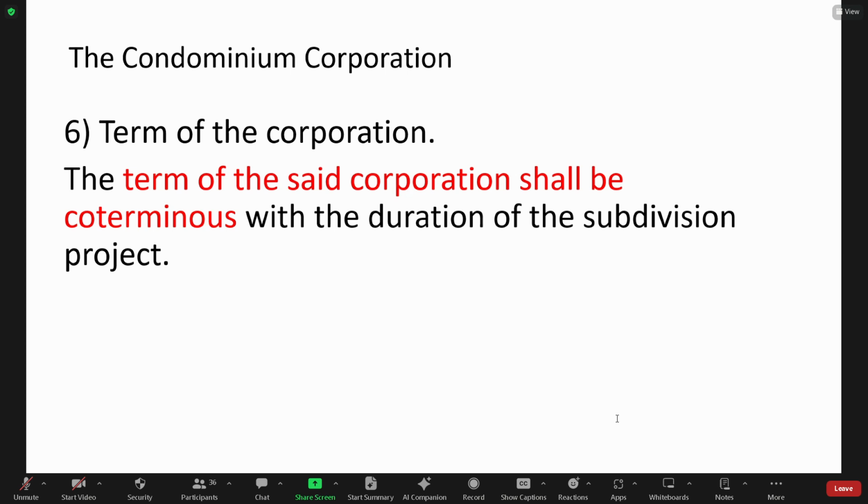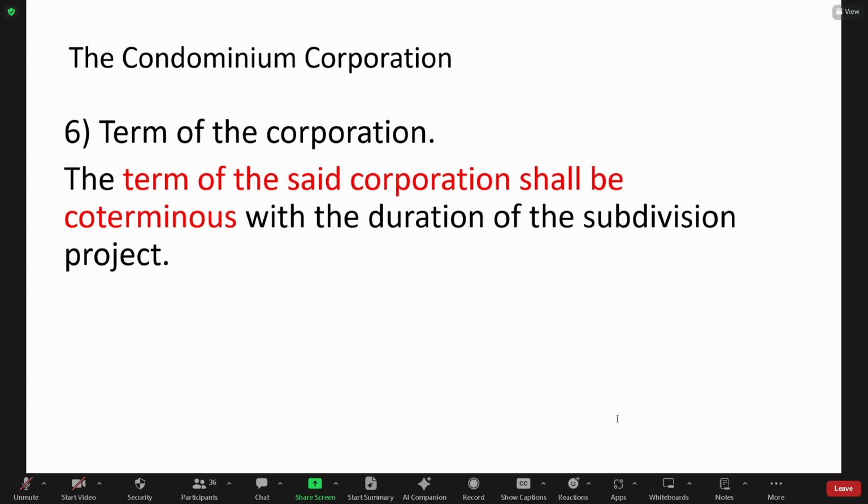Ay. So, dati, totoo naman yon yung corporation 50 years lang. Pero, hindi naman, kasi sinasabi doon, na nare-renew naman. Una, nare-renew naman, kahit yung dati. Pangalawa, na-amend na yon.